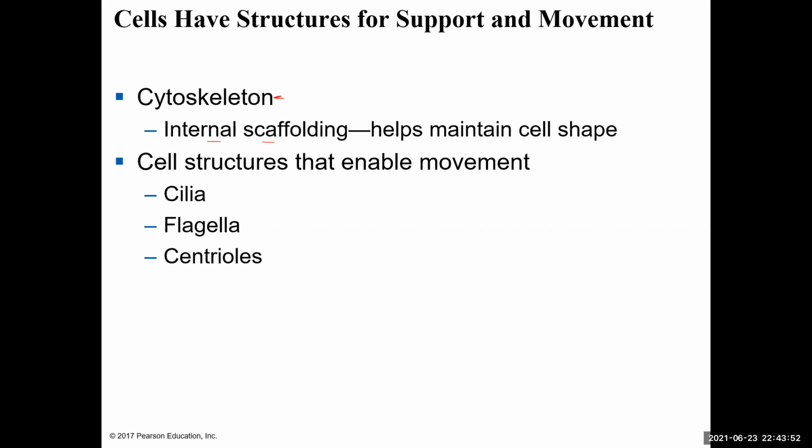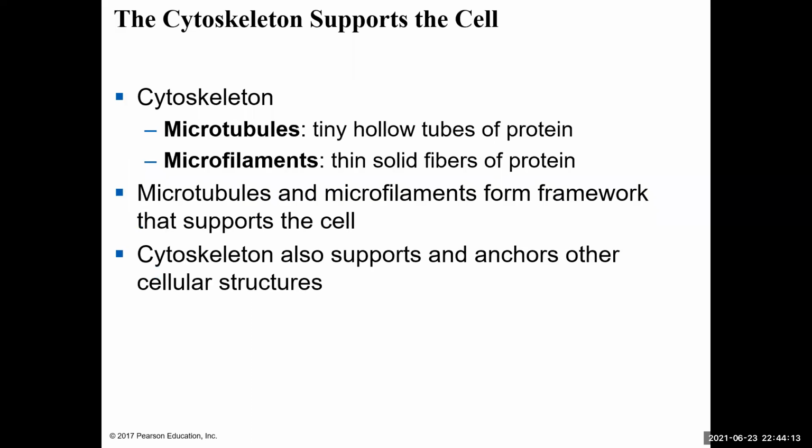Flagella are usually single, longer microtubules that beat back and forth like a tail that helps to propel it. And then the centrioles are structures that turn in order to provide a kind of propulsion. Again, we have some figures that are going to hopefully give you a better idea of what those are.